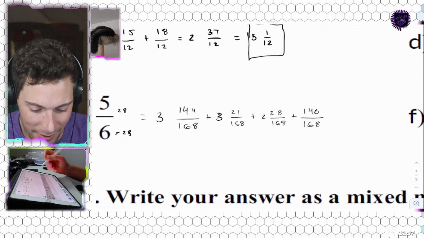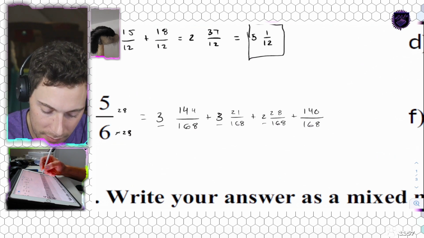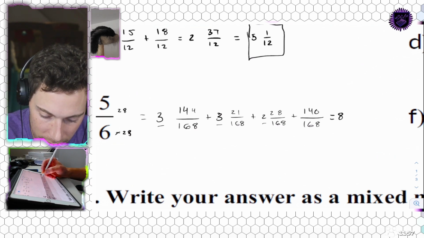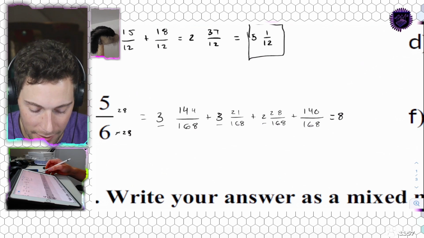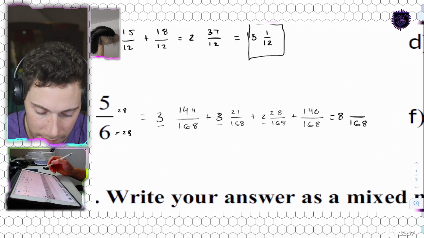All right, so let's add our whole numbers. 3, 3, 2, 8. Let's add our other numbers and put it over 168.